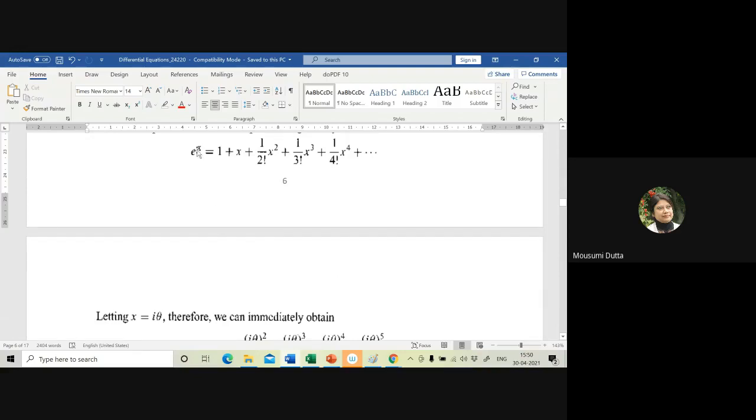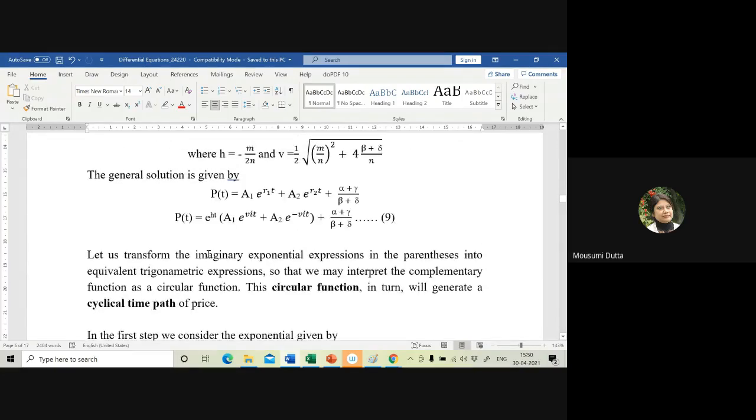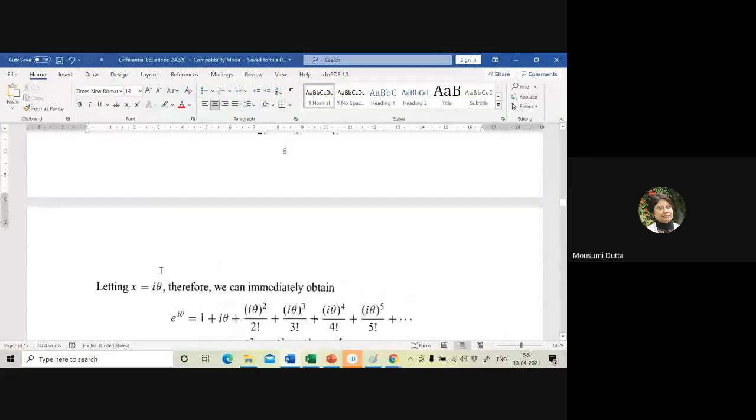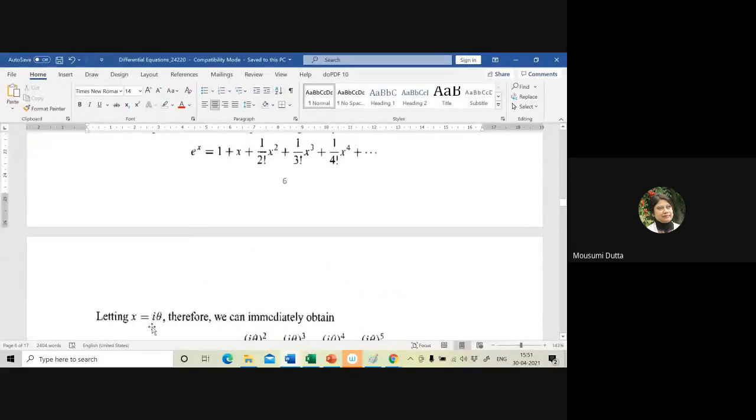Now, in place of x, suppose I am writing i theta. Why am I writing this? Because first of all, I have e to the power vit like things. Therefore I am bringing i here. Instead of x, I am bringing the imaginary number multiplied with some constant, say theta.